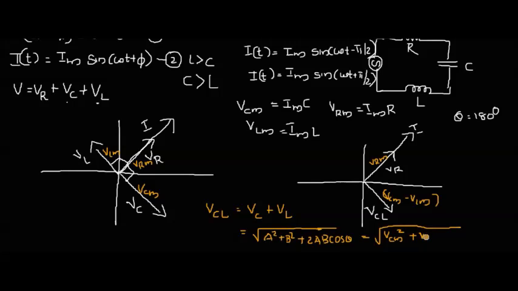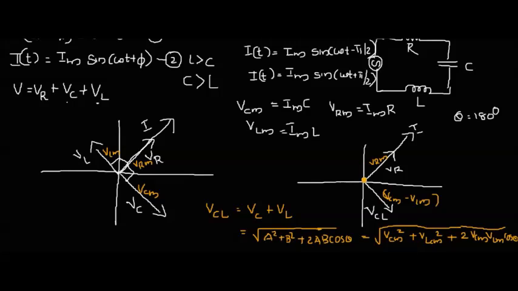So we get root of VCM square plus VLM square plus 2 VCM VLM cos theta. And if we substitute theta equal to 180, this will be VCM square plus VLM square plus 2 VCM VLM, which is in the form VCM minus VLM the whole square. So we get the magnitude of the resultant VCL as VCM minus VLM.